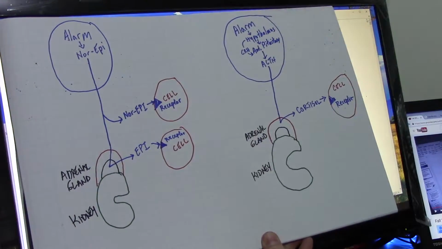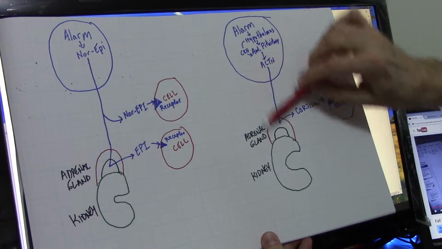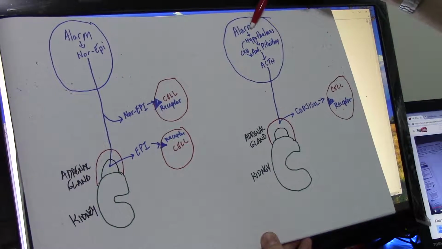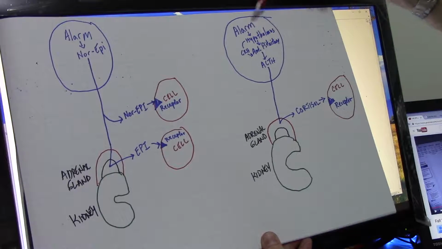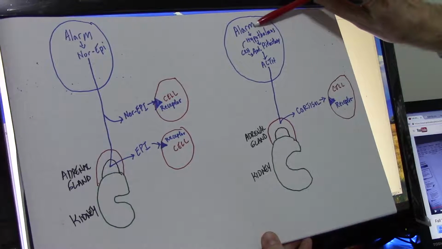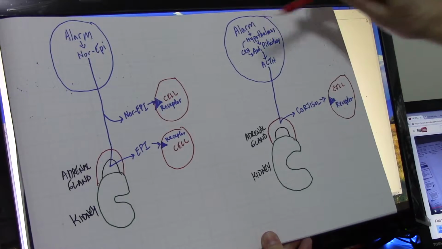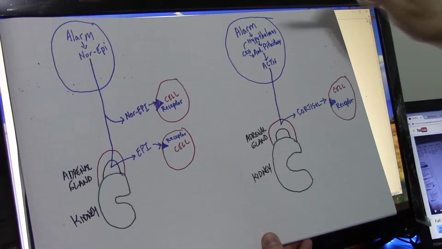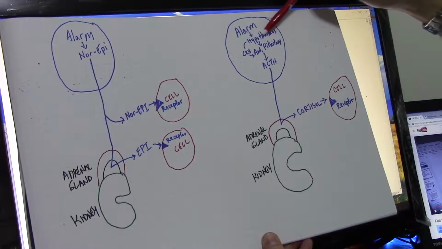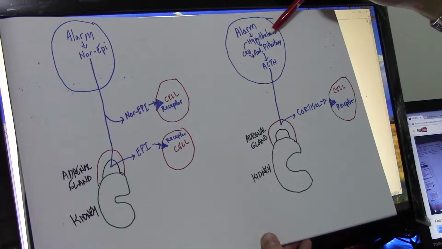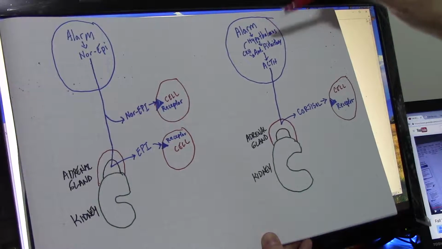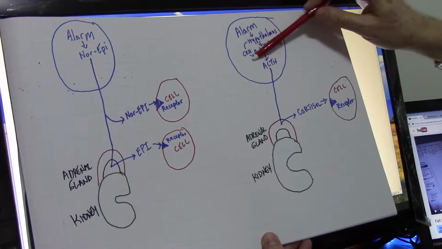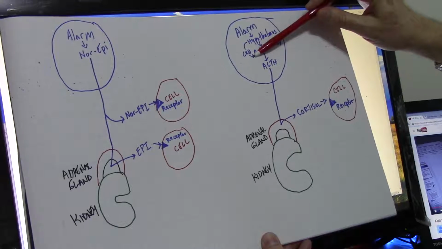Okay? Now, let's go over to the hormonal side, and if you have the same response, the same alarm, let's say it's that bear in the woods, you're going to be sending a message through your limbic system, kind of your emotional or feeling system, that says, hey, I'm in trouble. You will send a message to a very important organ in the brain called the hypothalamus, and the hypothalamus will secrete a compound called CRH, or corticotropin-releasing hormone.